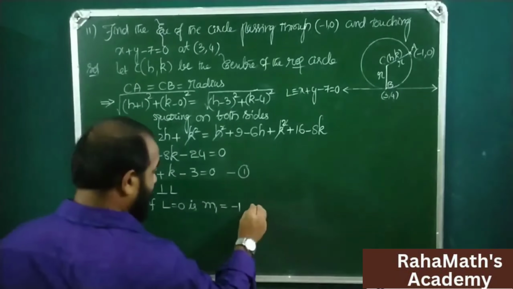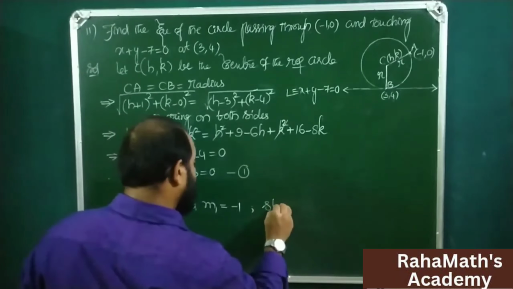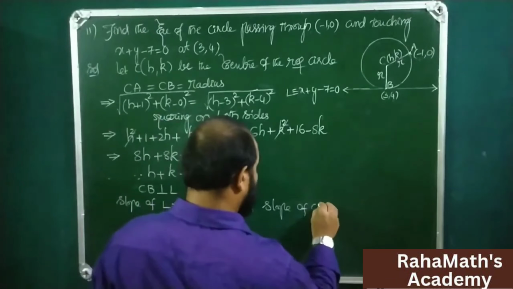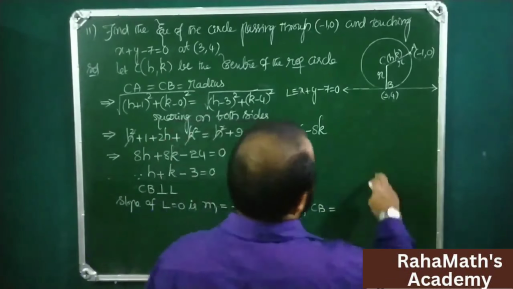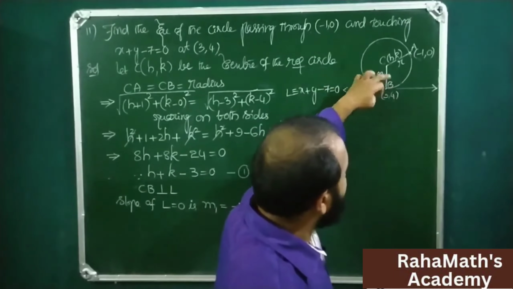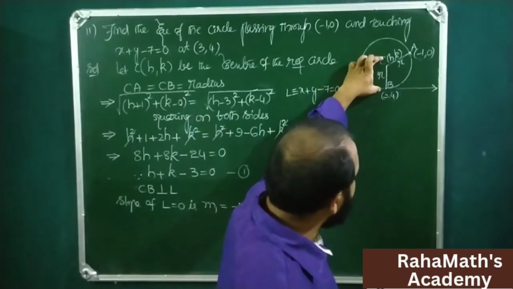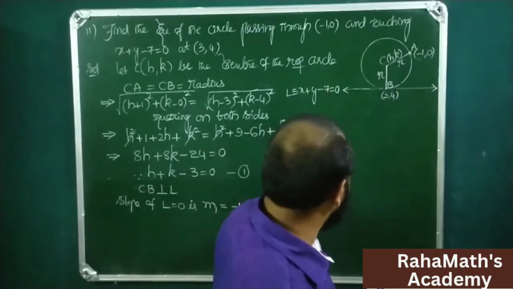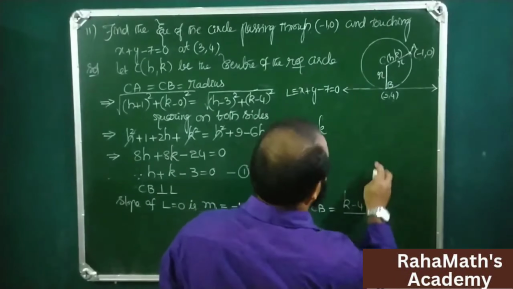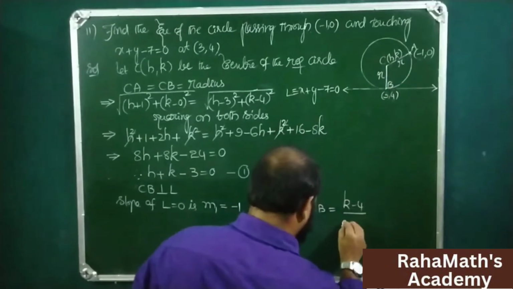And the slope of CB equals, so what is the slope when 2 points are given? Difference of ordinates by difference of abscissa. So k minus 4 by h minus 3.